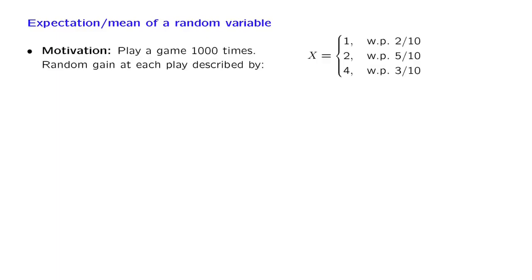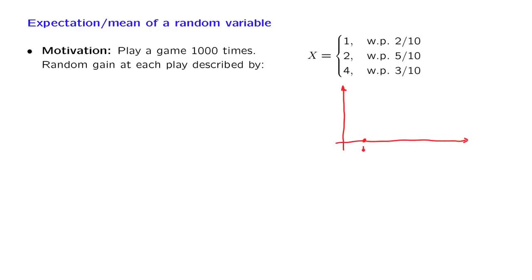You play a game of chance over and over, let us say 1,000 times. Each time that you play, you win an amount of money, which is a random variable, and that random variable takes the value 1 with probability 2/10, the value of 2 with probability 5/10, the value of 4 with probability 3/10. You can plot the PMF of this random variable.